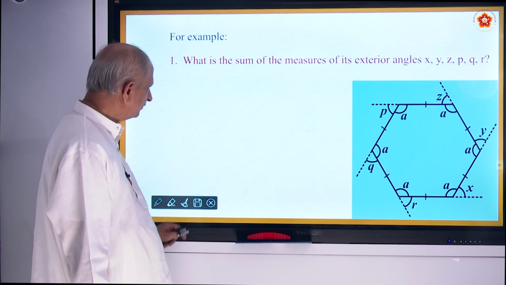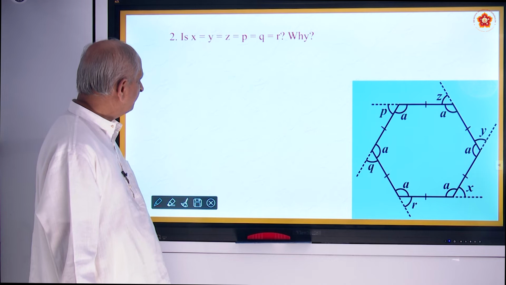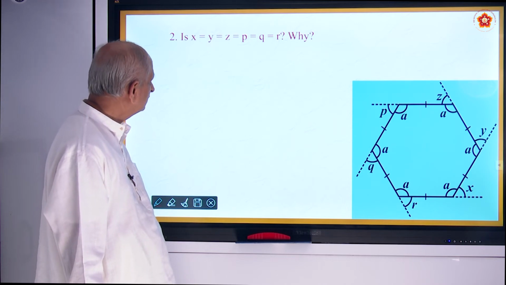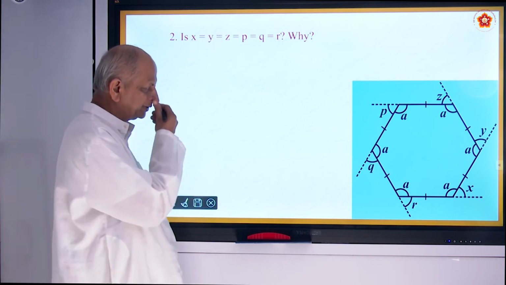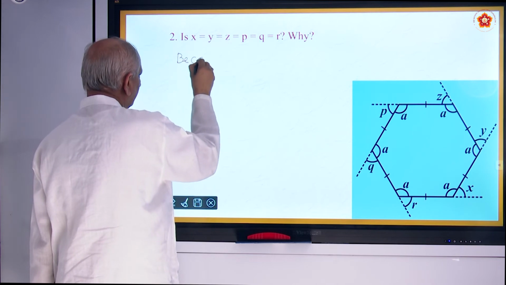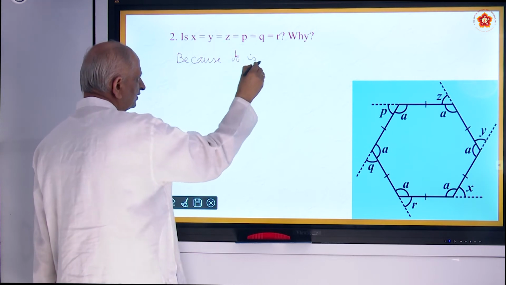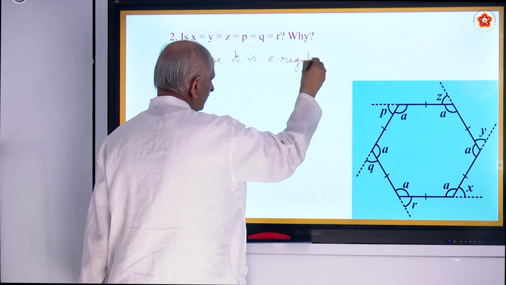That way also you can do. Noted? Okay. Same type: if x is equal to y is equal to z is equal to p is equal to q is equal to r, is what they are asking. Yes, because it is a regular hexagon.